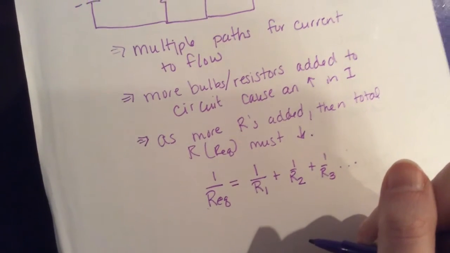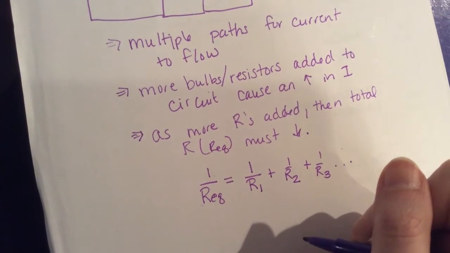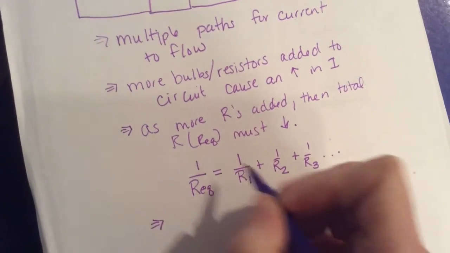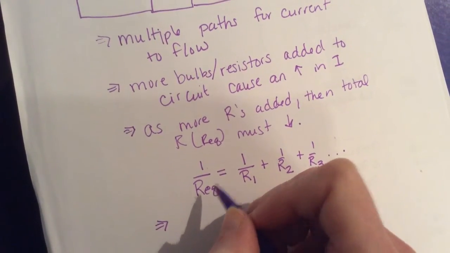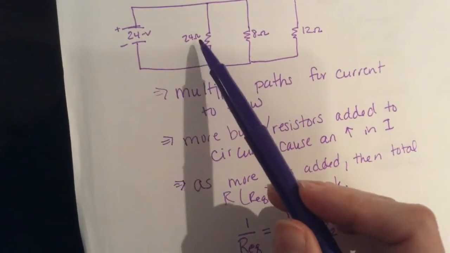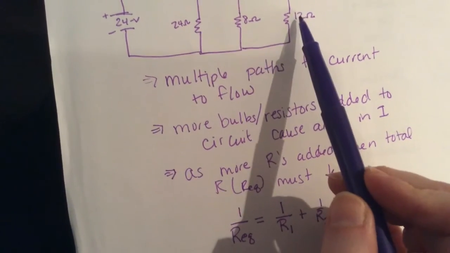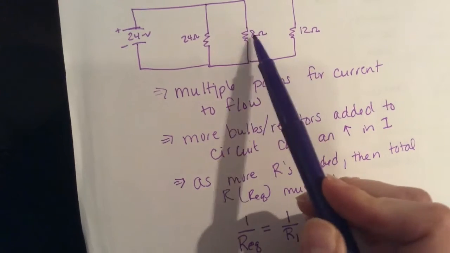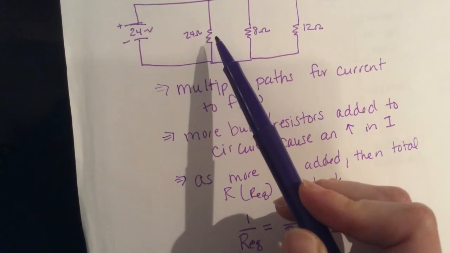I'll show you how to do that in a little bit, but that'll be the biggest thing that's very different for parallel circuits. Now, something else that is different: let's go back and talk about current. We're going to have more current. Since these paths have different resistances, current must be different in each of these locations.